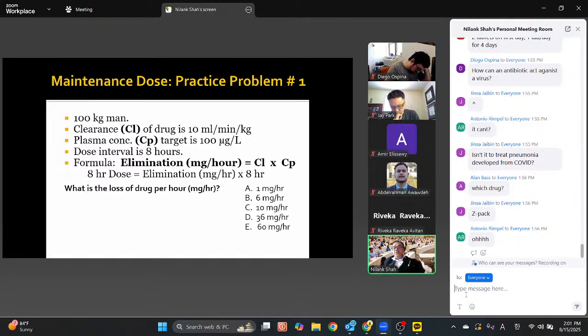Use this strategy all the time, so you don't miss the question now or in the exam. I put the formula in the stem itself, so you don't have to look in the book or anywhere else for the formula.